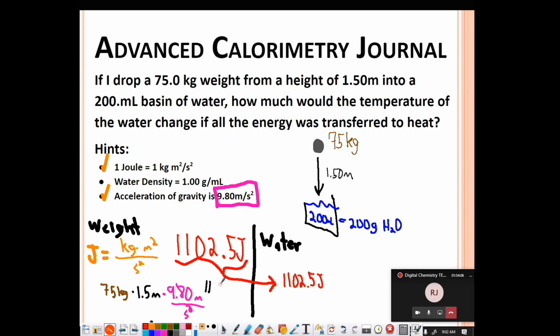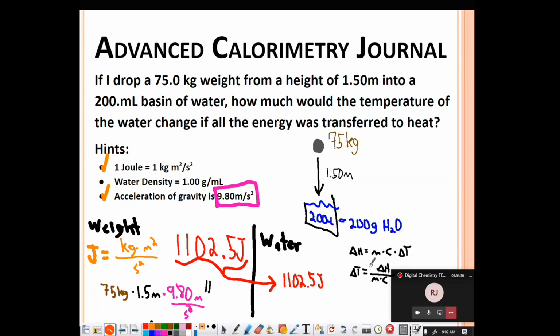Which means if I want to find the temp change of the water, I've got my delta H equals MCΔT. But what I want is the delta T by itself. So I need to take my M and my C and push them to the other side where my delta H is.